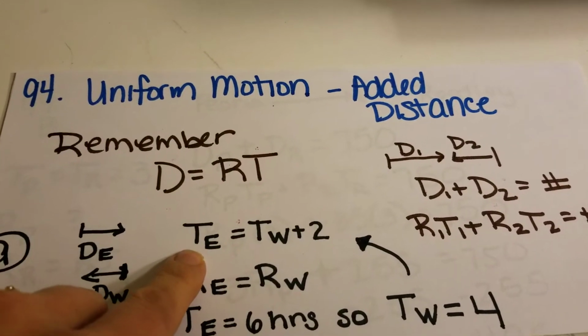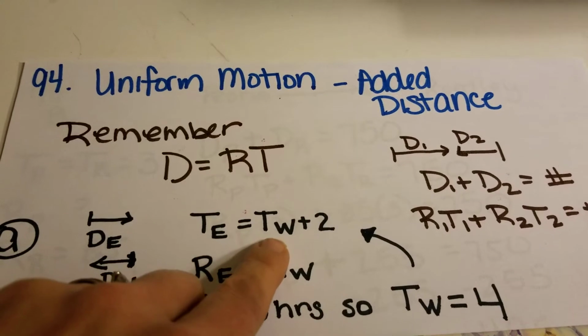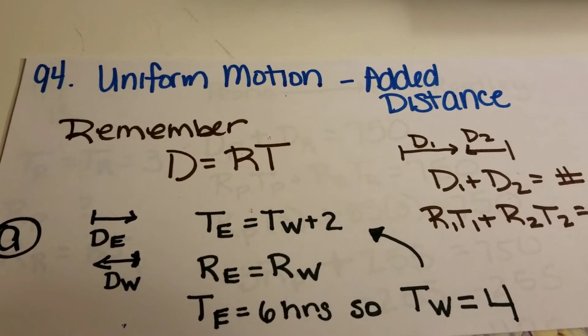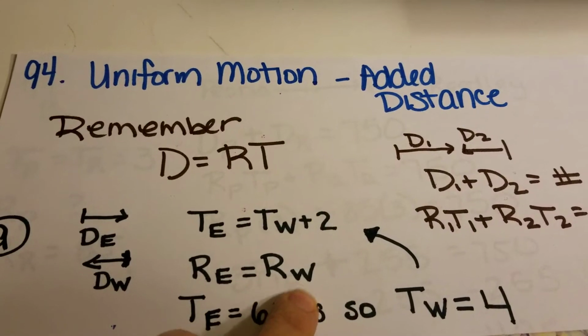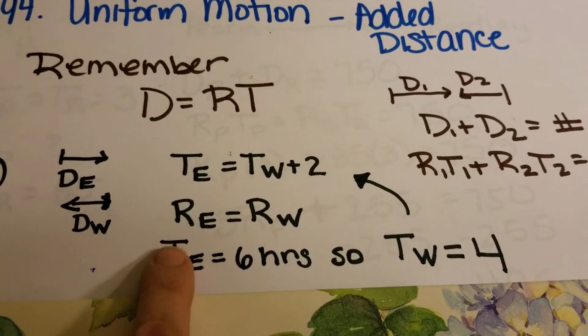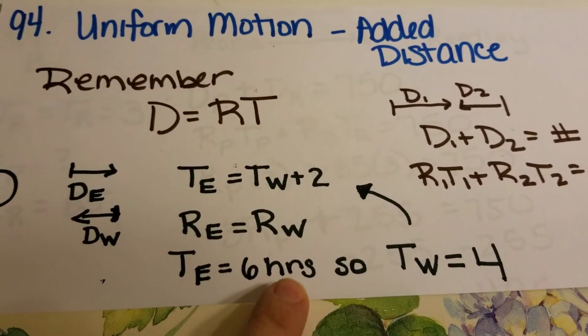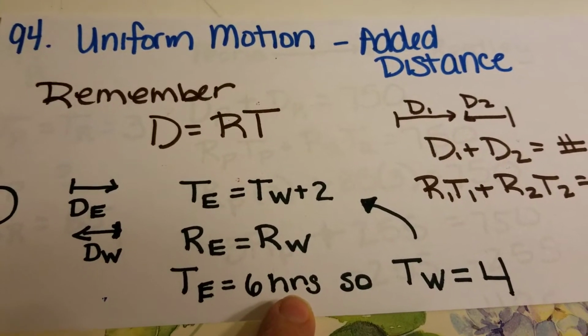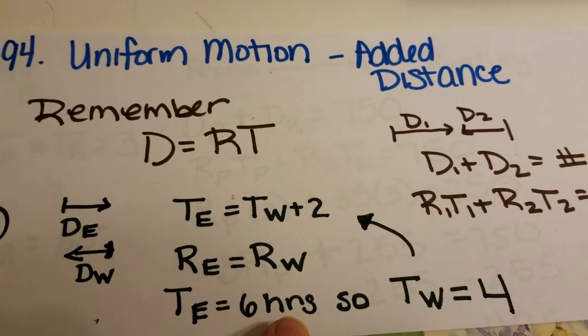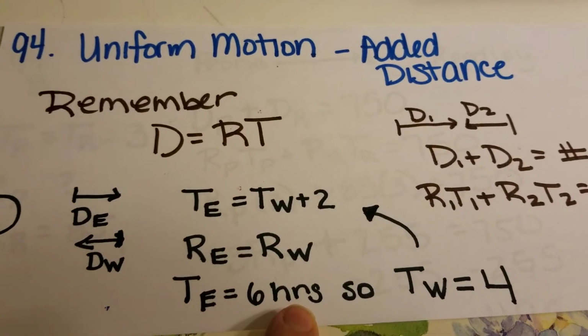So the time of the east is equal to the time of the west plus 2. The rate of the east is equal to the rate of the west. That's something that we know. The time of the east is equal to 6 hours, because it's leaving at noon and getting there at 6.